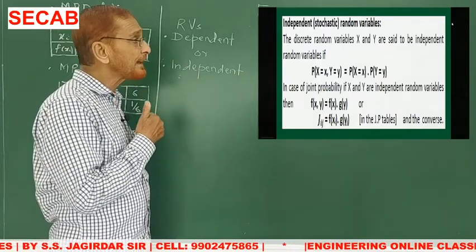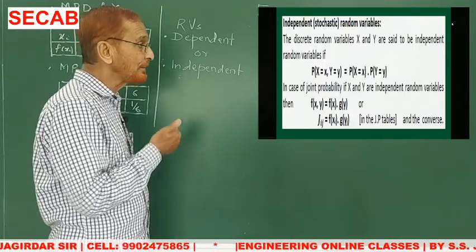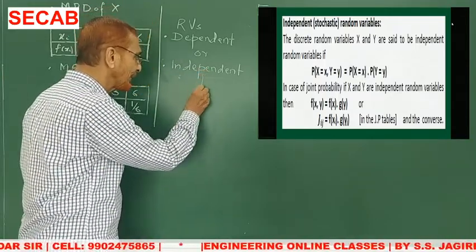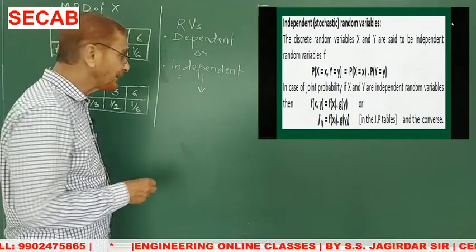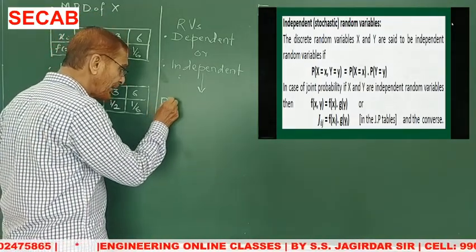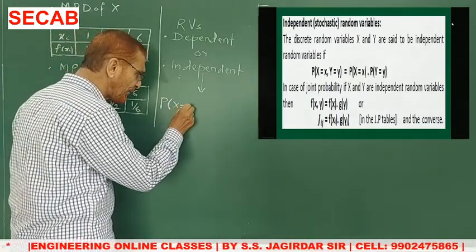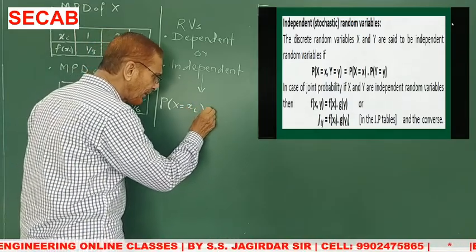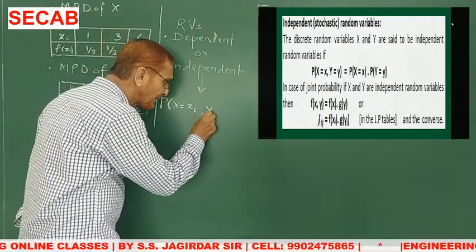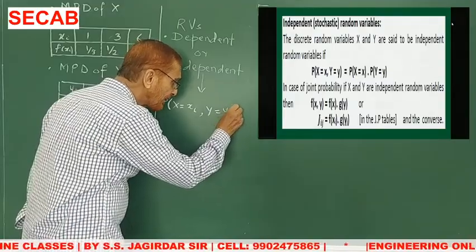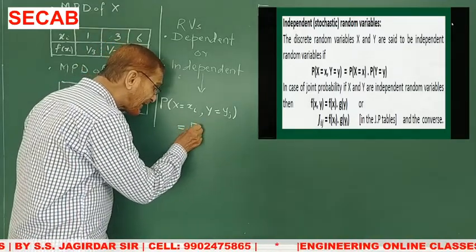The discrete random variables x and y are said to be independent random variables if, and here we are giving a definition, the joint probability, not the single probability, when x is equal to xi and y is equal to yj, is equal to the product of the individual probabilities.